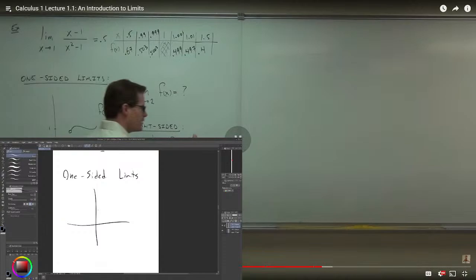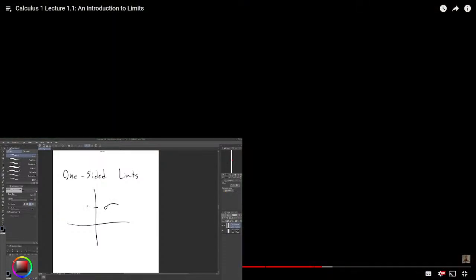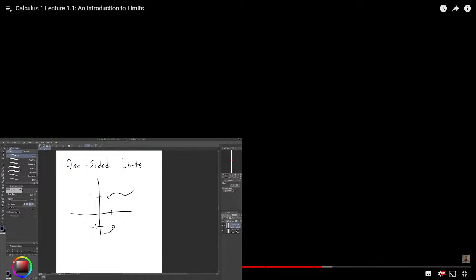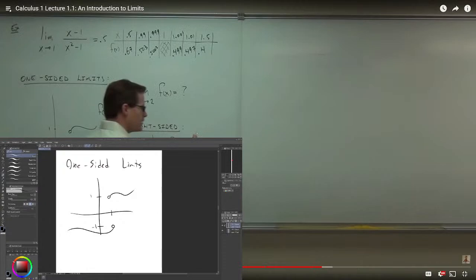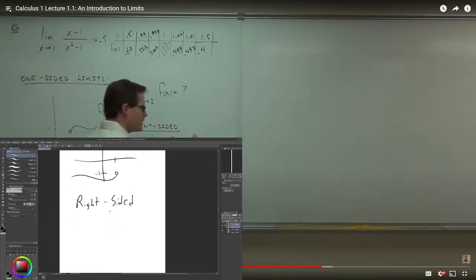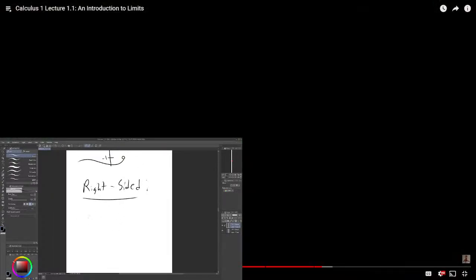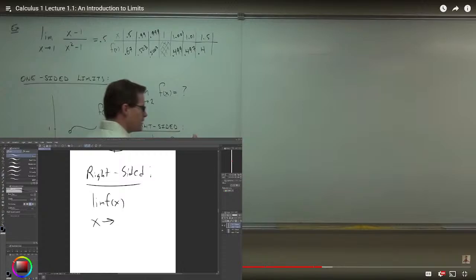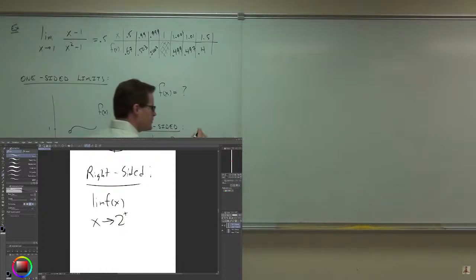So in general, you'd have a limit of f of x as x approaches a, some number that I give you, from the right.